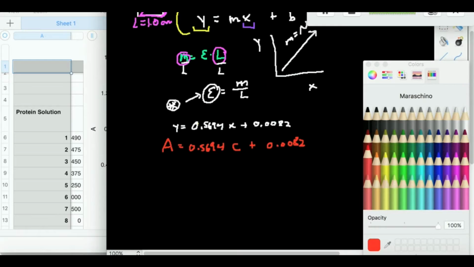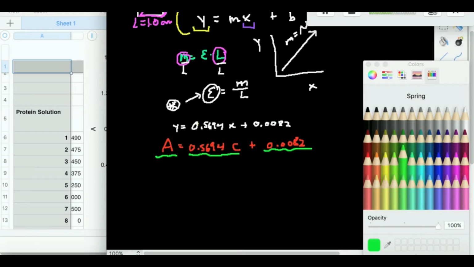Here's the thing. Every term here, because they're additive, has to be the same units as A. What are the units of A? It has no units, right? Which also means, because this term is by itself, this has no units, and this can also have no units. Concentration is usually in units of something like molarity.